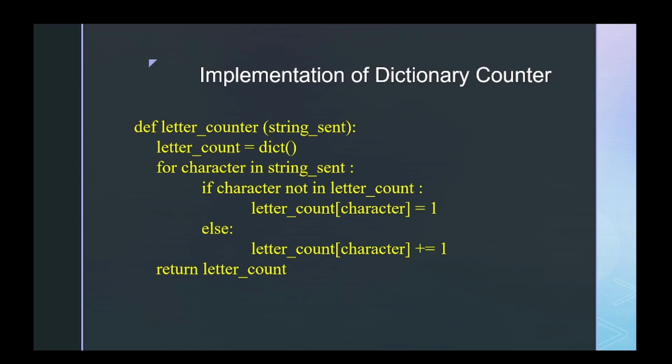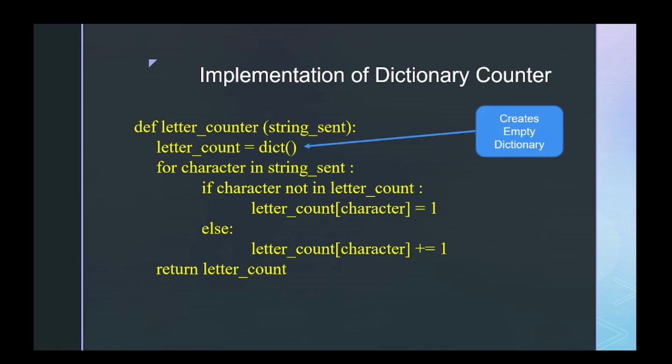Let's take a look at an implementation of just such a counter. So remember, we are taking in a string and we are counting each of the letters and how often they occurred. Here I'm creating a function called letter counter and I'm sending it a string.